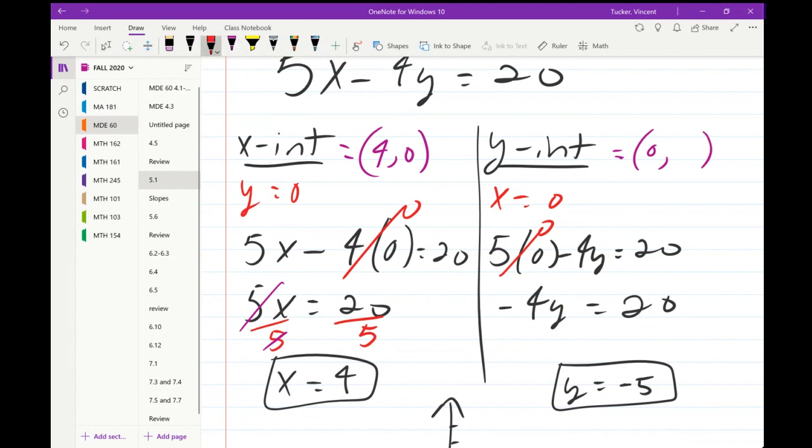Next one, I'm going to let x be equal to 0 because I'm looking for my y-intercept. Plug in 0 for x, that's 5 times 0 minus 4y equal to 20. Then I'm left with negative 4y equal to 20, so don't leave off that negative right there. Sometimes people forget it. Divide both sides by negative 4.